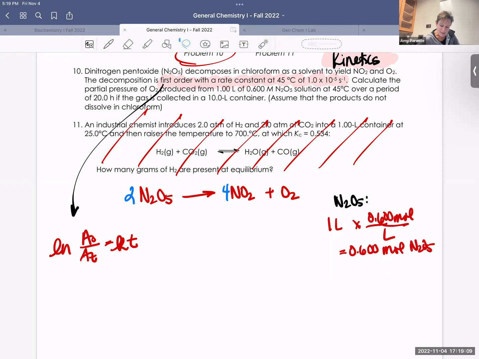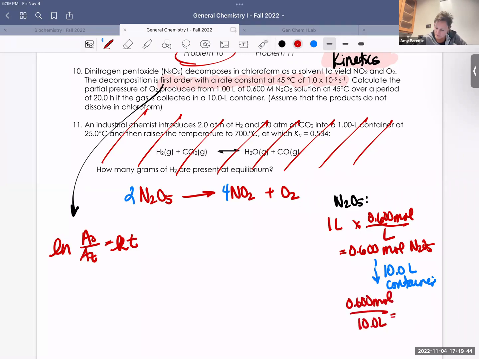Okay. So now what's going to happen is we are going to have everything in a 10-liter container. We start by figuring out, we're going to take 1 liter of this to start, and that tells us that we've got 0.6 moles. And then we're going to have it in a 10-liter container. So that means that our N2O5 is going to be 0.600 moles in 10 liters.